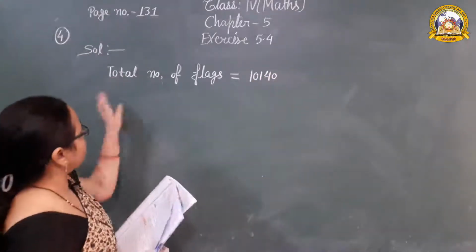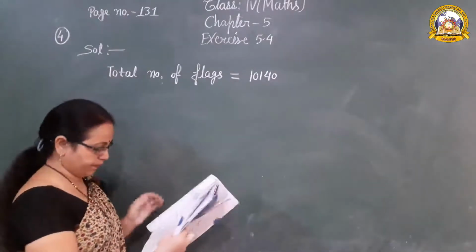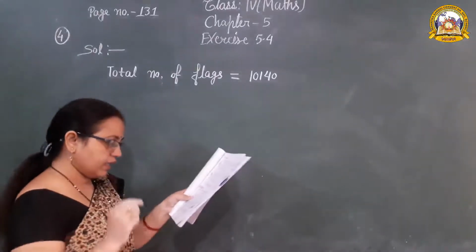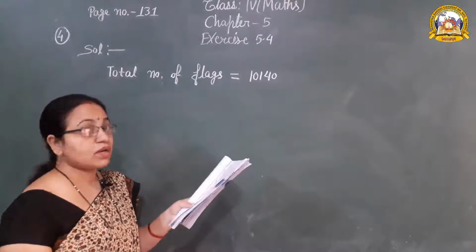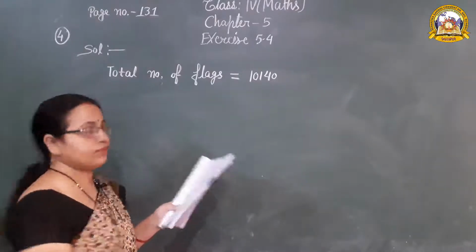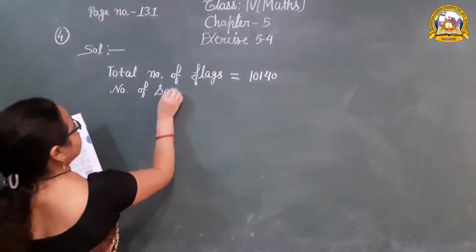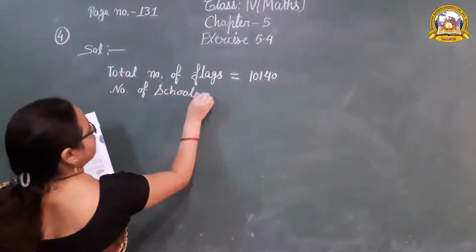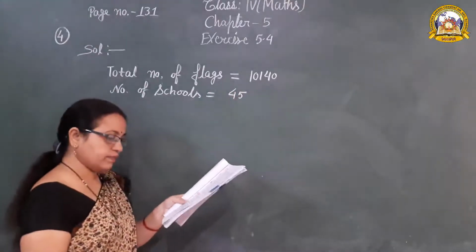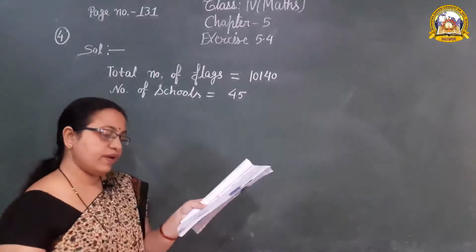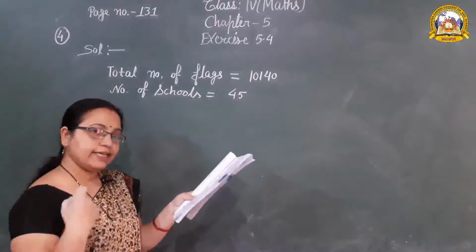Total number of flags is equal to 10,140. And if an equal number of flags are given to 45 schools, so number of schools is equal to 45. So how many flags will each school get?